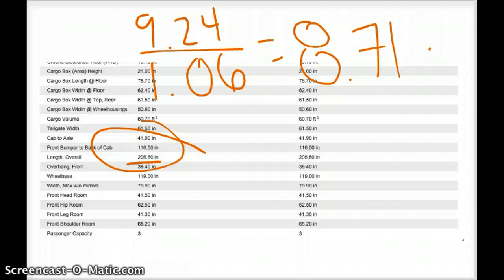So I can take that, multiply this by 73, times 73.